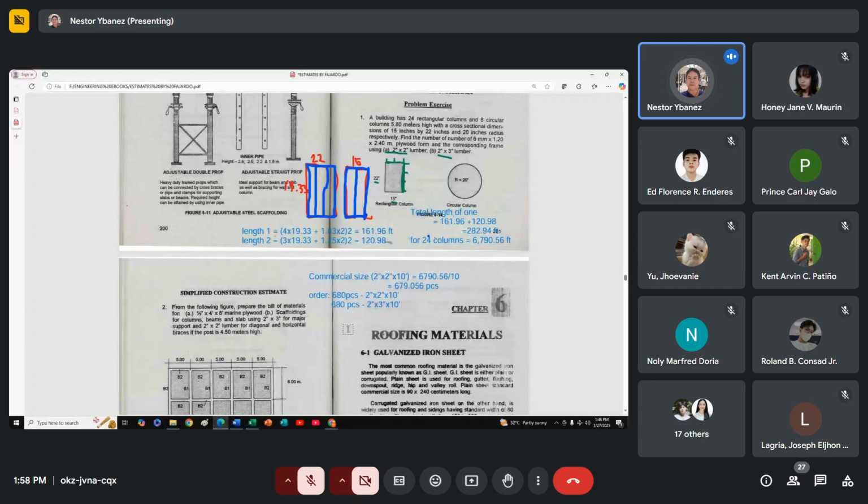The area is equal to 2 times 1.83 times the height of 19.33, because of the two sides, plus 2 times 1.25 times 19.33.